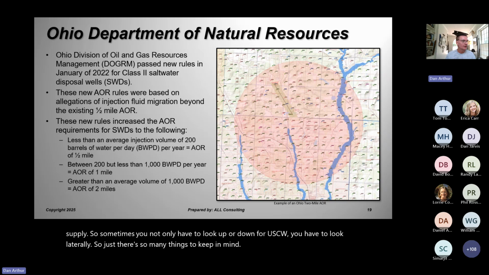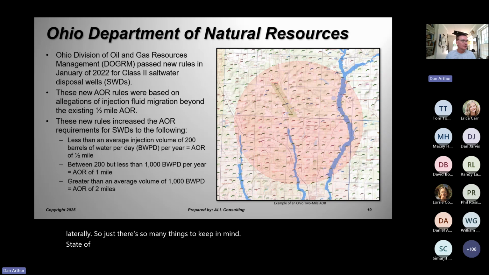State of Ohio, different rules, like some passed in 2022, looking at allegations of injection migration beyond even a half a mile. So there's a lot going on there.